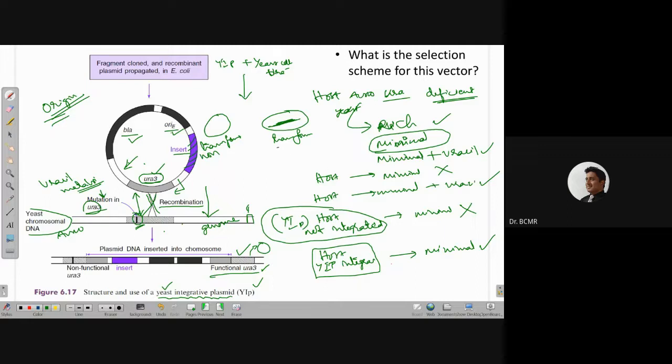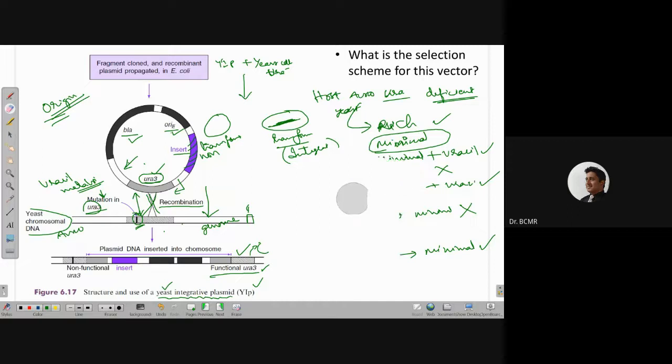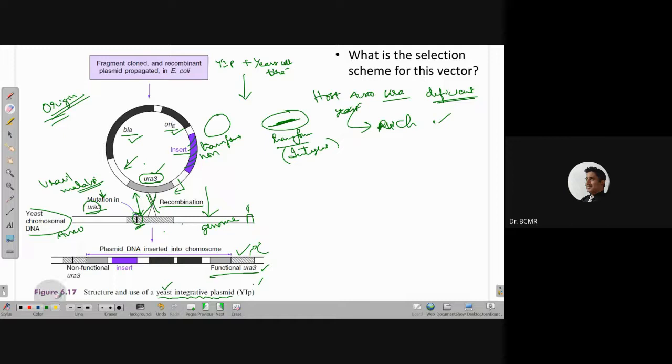Okay, within the transformants, you'll find the integration of the YIP. Then we will grow both of these cells in minimal media.